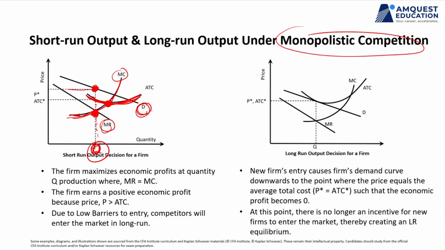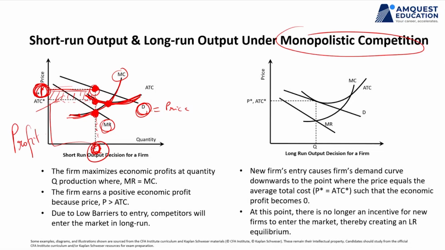This is the price at which I'm able to sell this output, because the demand curve is nothing but the price curve, correct? But at this point, what is my cost? My cost is this much. So between this cost and this revenue, my profit will be this much. Right or wrong? So that's my profit area.